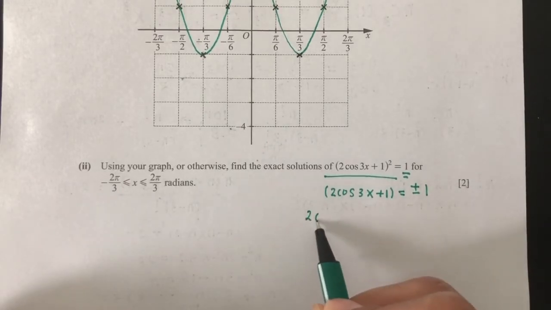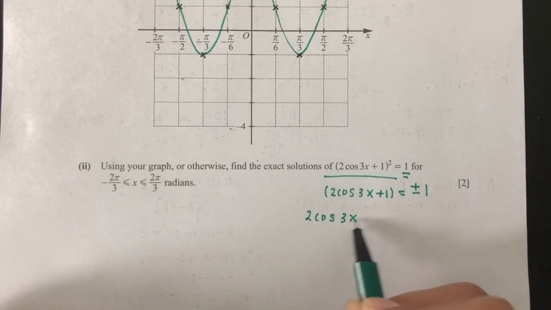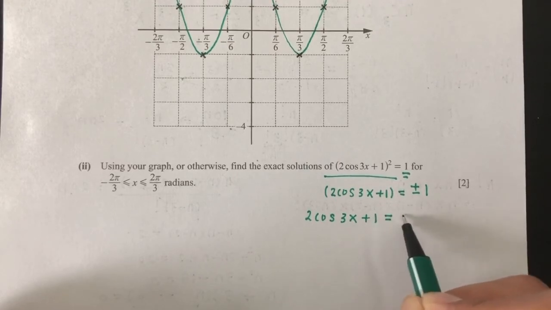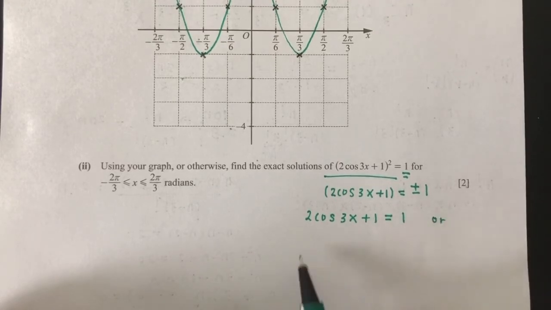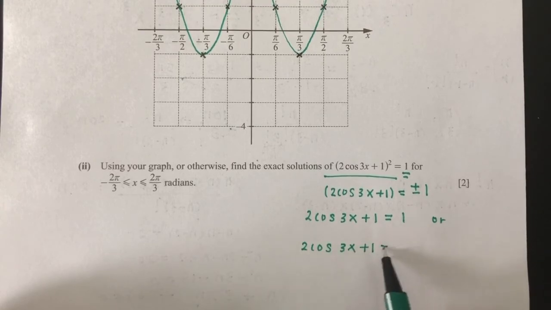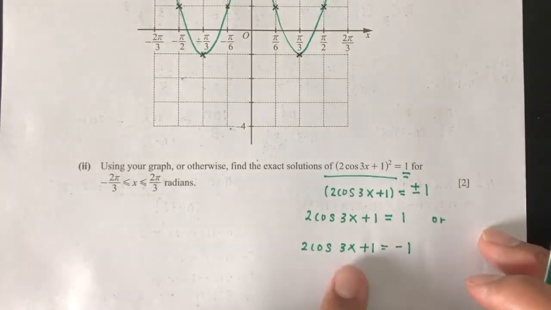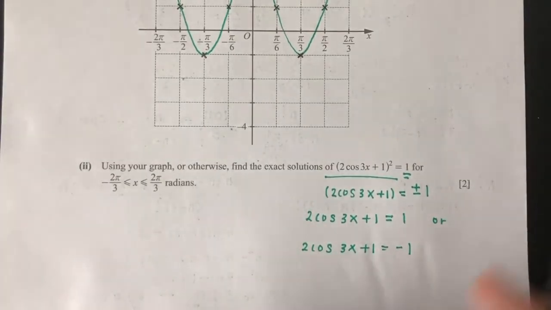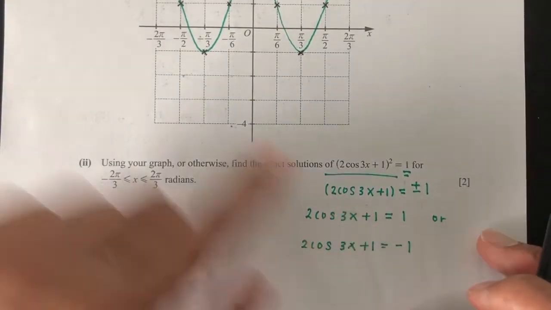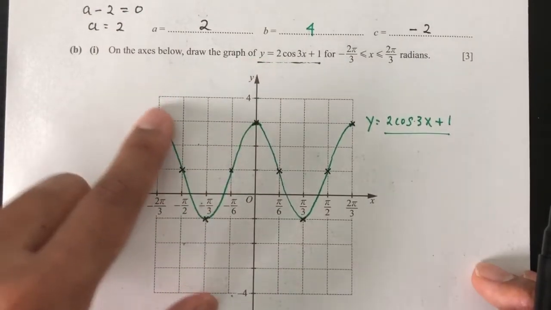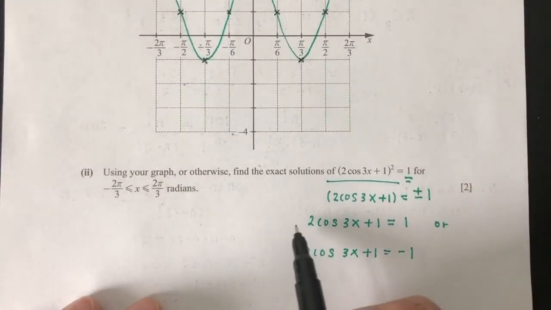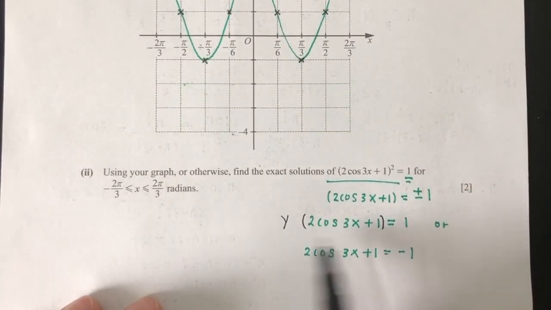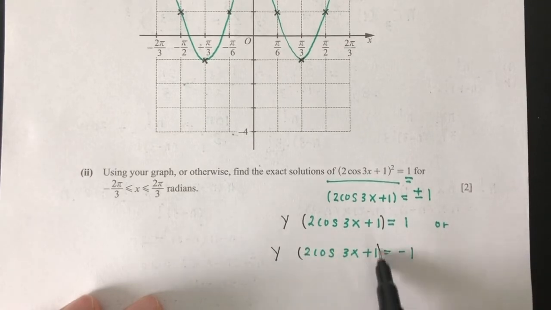So first one is 2 cos 3x plus 1 can be equal to 1, or it can be 2 cos 3x plus 1 can be equal to minus 1. So if you observe, the 2 cos 3x plus 1 is your value of y, which is your curve, right? So basically that is y equal to 1 and y equal to minus 1.